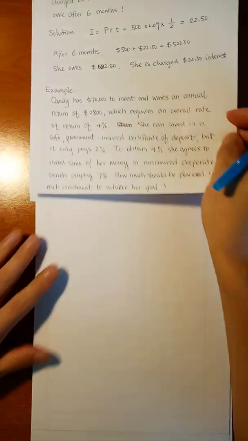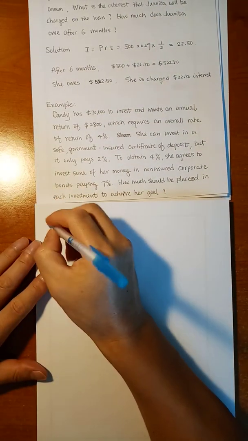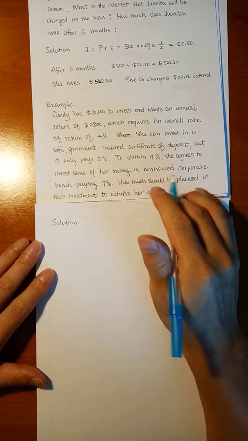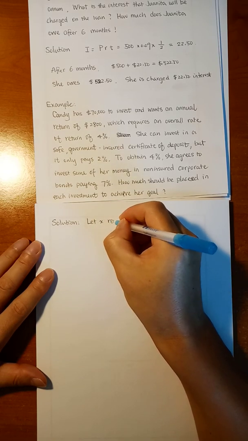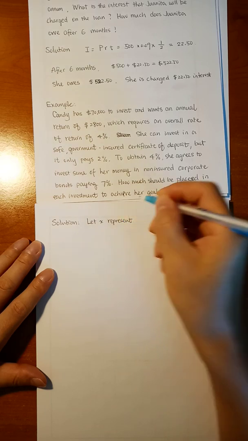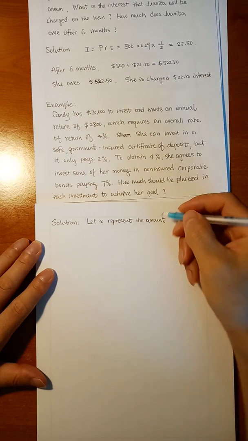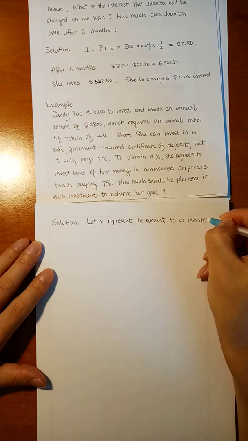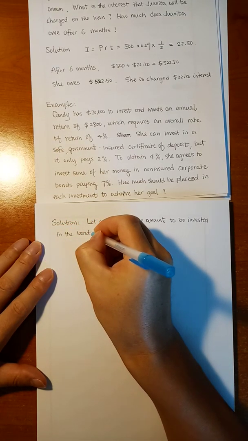Okay, so now let's see. She has two options, so you are going to separate them. Let X represent the amount to be invested in the corporate bonds.